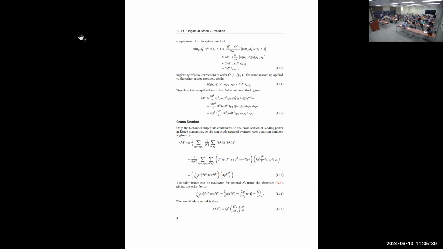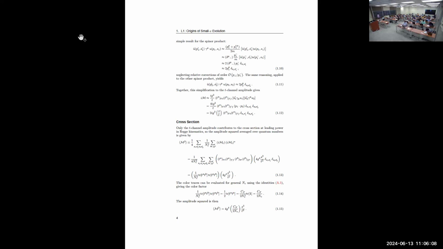When I complex conjugate it, I get T^b_{i'i}, T^b_{j'j} conjugate. But these are Hermitian matrices. When I take the complex conjugate, that's equivalent to transposing the indices. So I switch i and i prime, j and j prime. And I still have delta s1 s1 prime, delta s2 s2 prime.